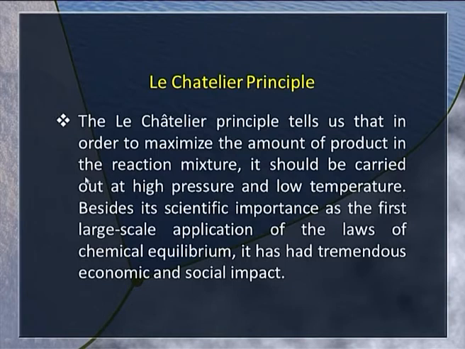This is the condition under which it should be synthesized, but to get a better yield, this too can be compromised, and that is the way it is done. This has a direct economic and social impact, and that is the reason this is the most important, celebrated law.